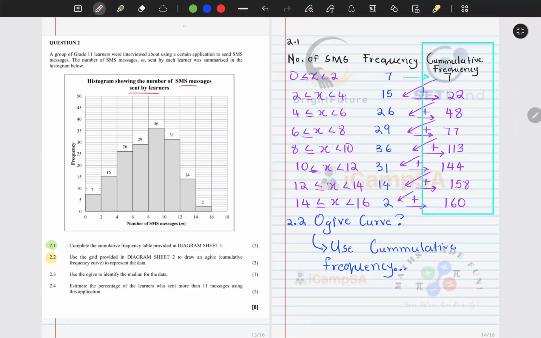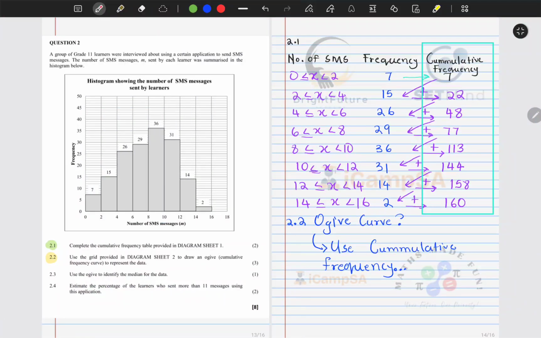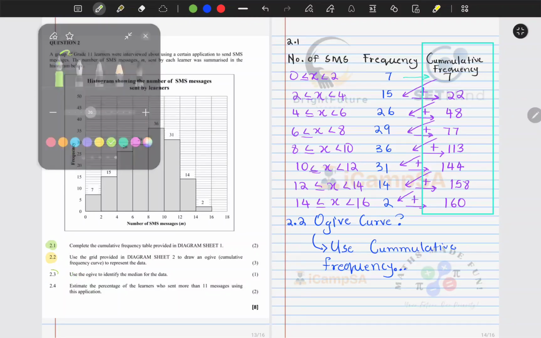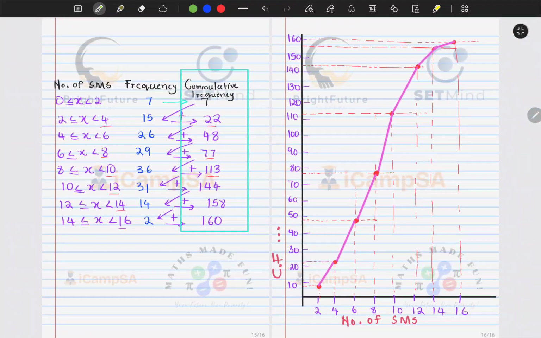So it's the number of learners. Okay. So that is what you would put up here. Okay. So we're done with that. And then what we need to do now is to go and deal with the next question, which is this one. Use the Ogive curve to identify the median. Okay. So let's go and cook the median.